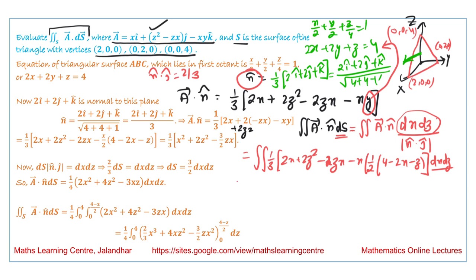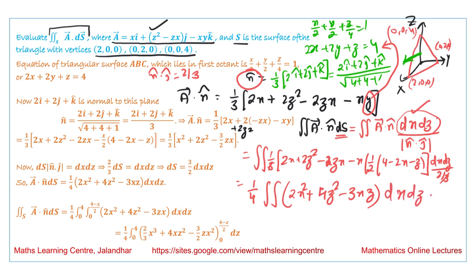So this 3 gets cancelled, and when you open all these terms, you are left with 1 by 4 double integral over the projection on the xz plane of 2x square plus 4z square minus 3xz into dx dz.